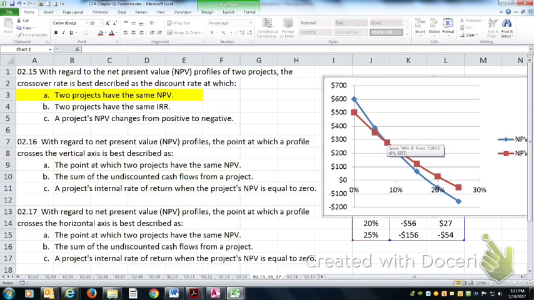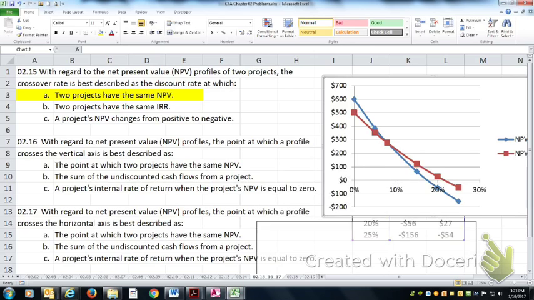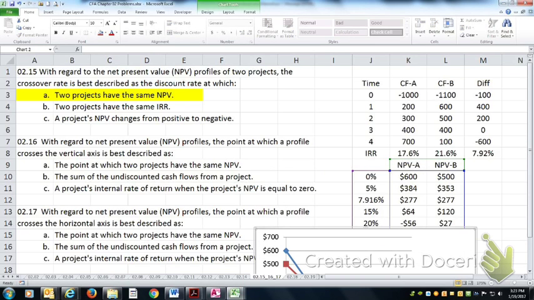At the crossover rate is where the NPVs are the same. With regard to the present value NPV profiles, the point at which a profile, let's use the blue one here, crosses the vertical axis, that's a point at which, at the discount rate of 0, it gives you the sum of the undiscounted cash flows. Alright, undiscounted cash flows means that that's the sum.